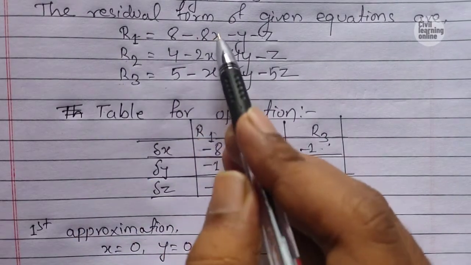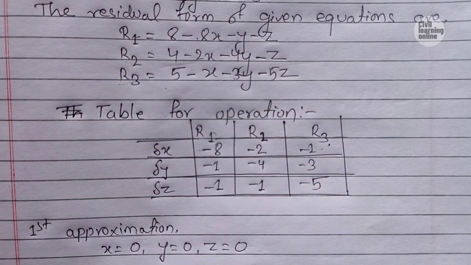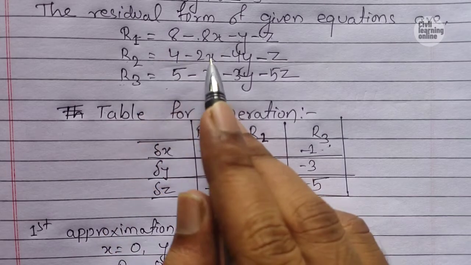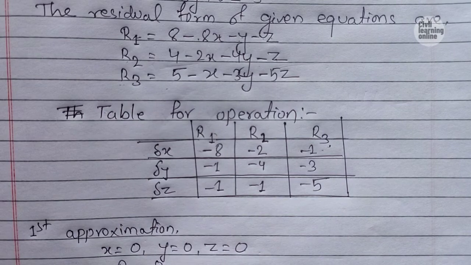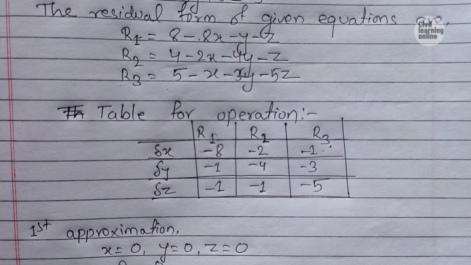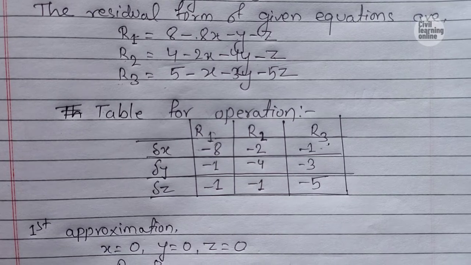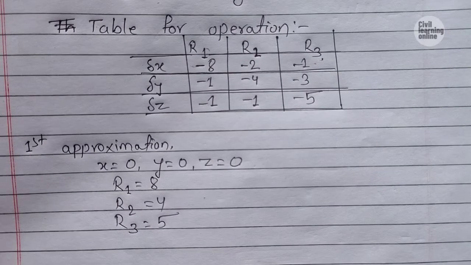So if we put x equals 0, y equals 0 and z equals 0, we will have r1 equals 8. Now for r2, again put x equals 0, y equals 0, z equals 0, then we will have r2 equals 4. Similarly, we will have r3 equals 5.